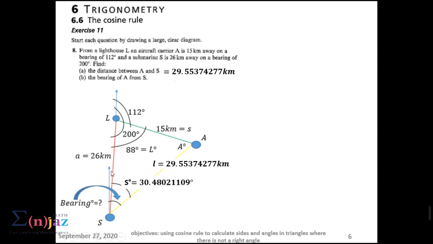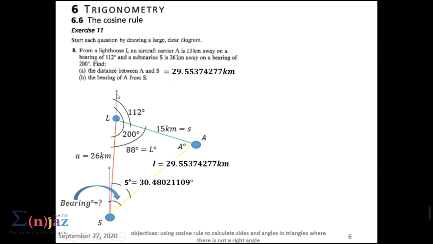So to find this angle here, we're going to use the rules of finding missing angles when we have two parallel lines. So the north from L and the north from S are actually parallel lines.